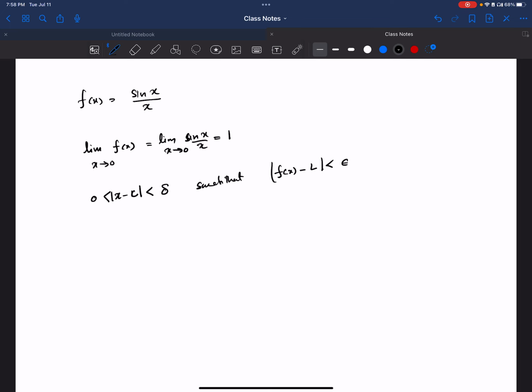Okay, so let's see what it means. C equals 0, so we need x minus 0.